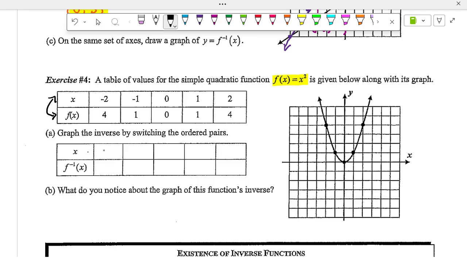So if I flip-flop the order of the rows, this would be 4, 1, 0, 1, 4, because I'm just copying what f of x is. And then my f negative 1 of x, or my y values, would be negative 2, negative 1, 0, 1, 2. All I did was just swap the rows.